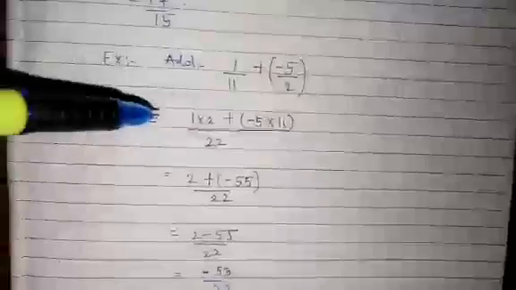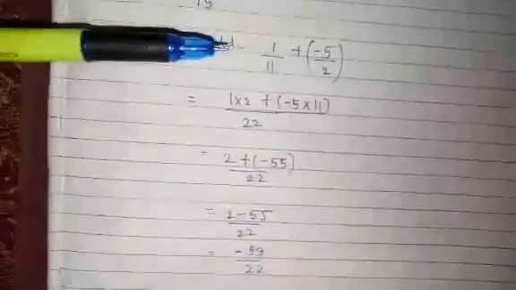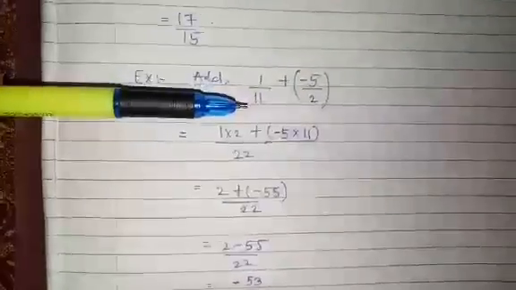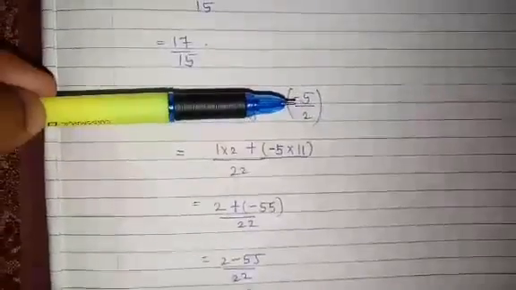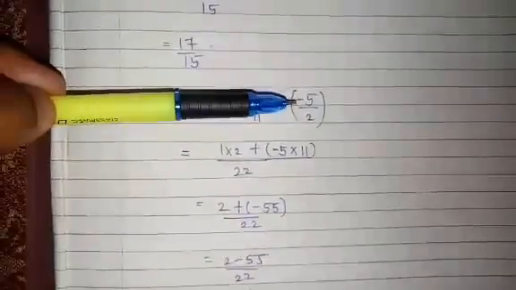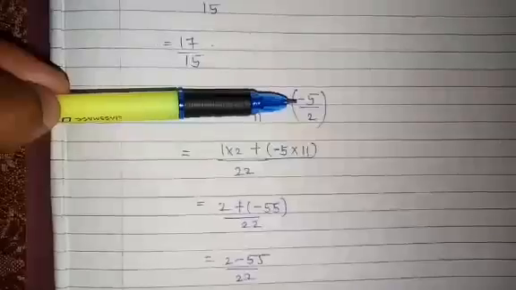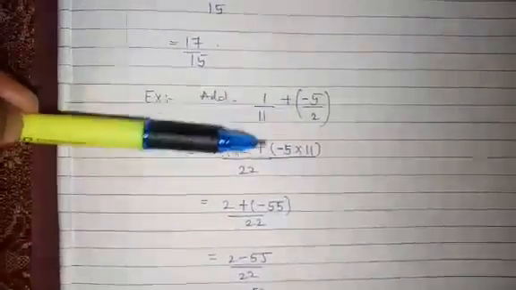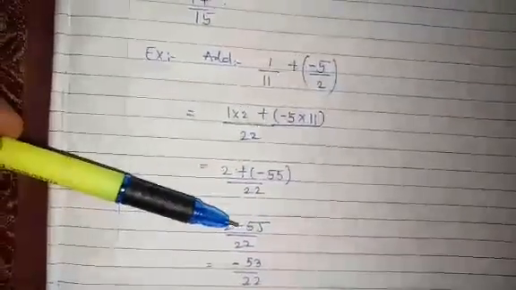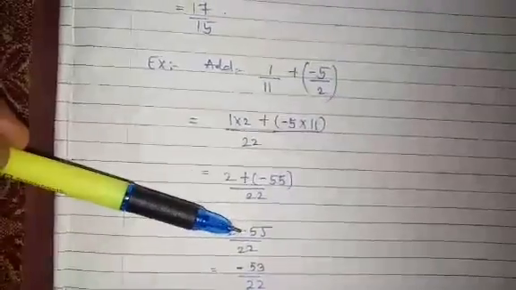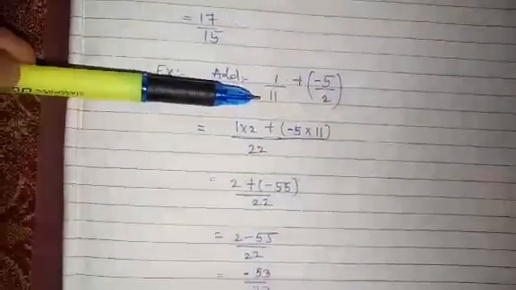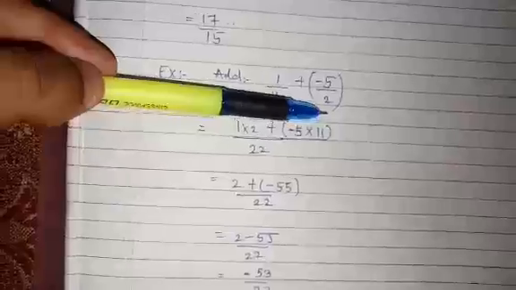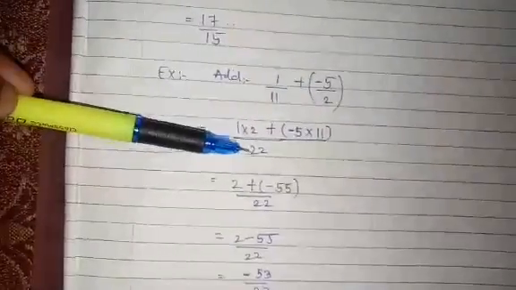Here is another sum for you, that is when denominators are different. 1 upon 11 plus, whenever our second bracket or first bracket is minus, here it will be plus, minus becomes minus in our next corresponding steps. But first take the LCM, that is 11 into 2, so LCM will be 22.